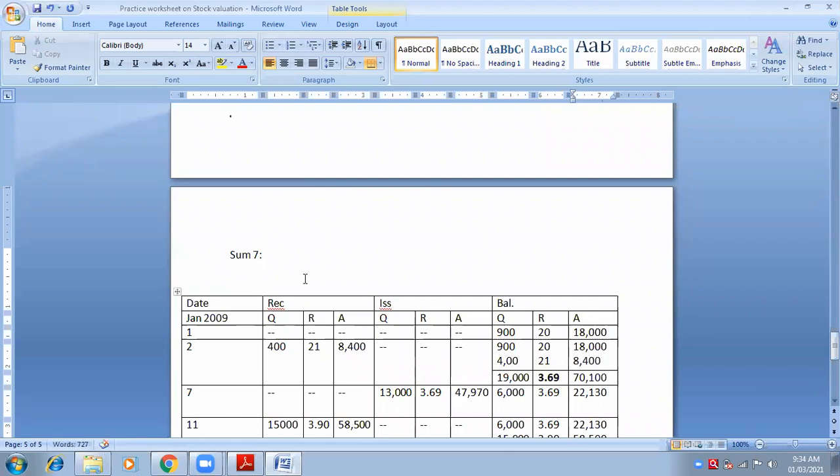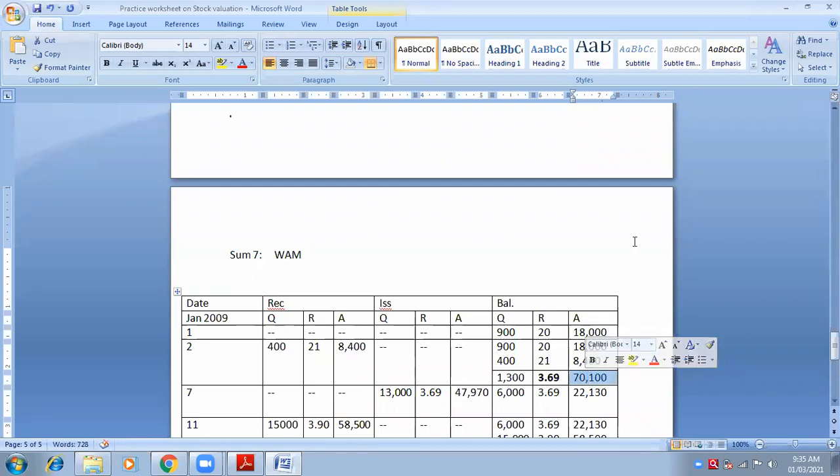Now because this is the weighted average method, you have to add both of them. Now you have to show the addition amount. 900 and 400 is how much? 1,300. The rate we will find out; that will be known as the weighted average rate.